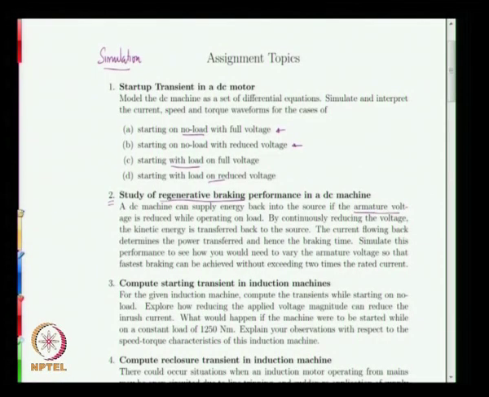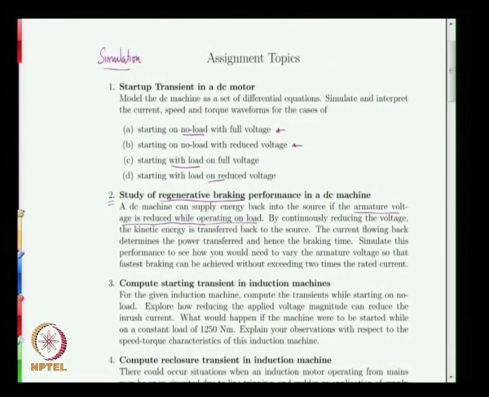This can be done if the armature voltage is now reduced while operating on load. As the speed reduces, you also go on reducing the armature voltage, and therefore the machine sends current back into the source, and its speed starts falling. So how does this happen?